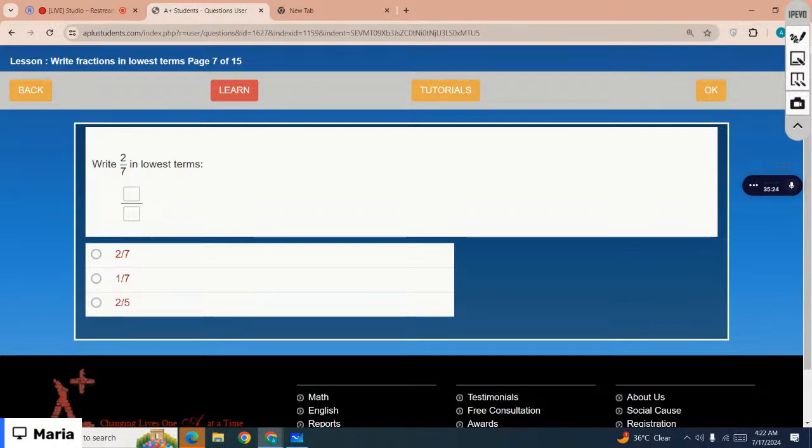Because 7 is a prime number, so you cannot convert it into a lower term. So 2 by 7 is already in the lowest term. The correct option is option number 1, that is 2 by 7.